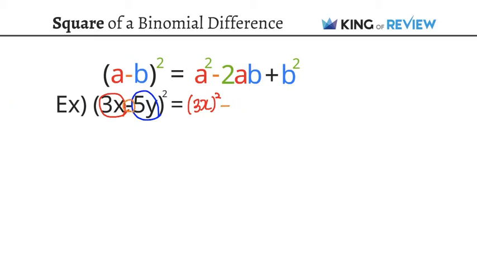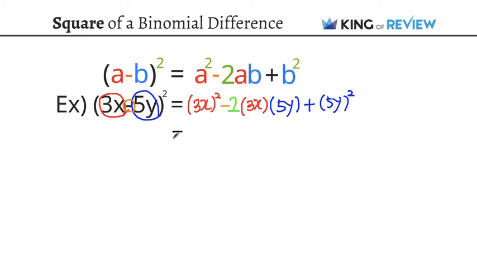Minus 2 times the first one, this 3x, right? 2 times 3x and times the last one, that is 5y, right? And then lastly plus the last one squared, right? So 5y squared, right? Okay, let's continue.